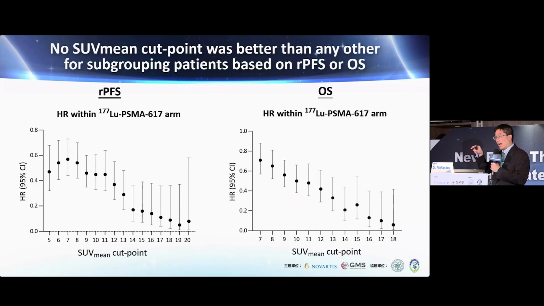As you go up in whole body SUV mean, when you give that 200 millicuries of lutetium PSMA 617, you're going to give more and more gray to those tumors. And look at the hazard ratio going down. As you get really high in the SUV mean, the hazard ratio is quite low. And this is what we'd see in about 10 to 20% of patients in many studies, the super responders. They do extremely well.